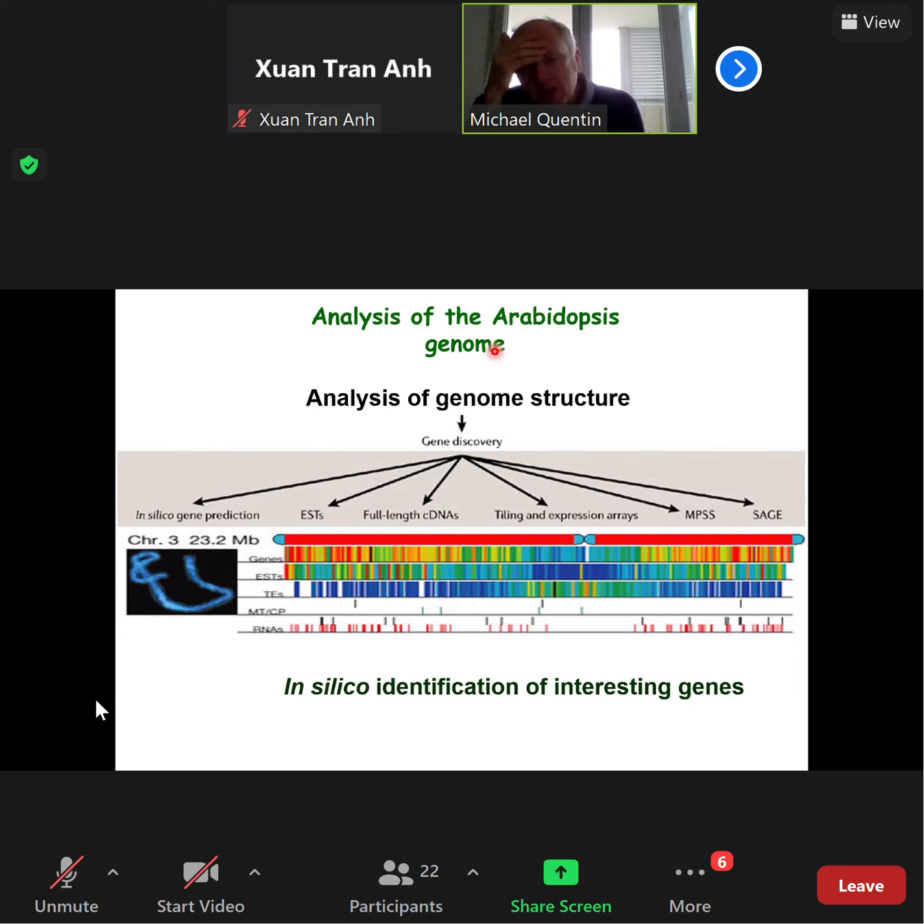I told you it is very important to understand plant genome structure. There is one notion I want to introduce: the notion of synteny. Synteny is kind of typical for plants. Plant genes are organized on chromosomes in a certain way. And very often, inside a plant family, the order of the genes on a chromosome is conserved.